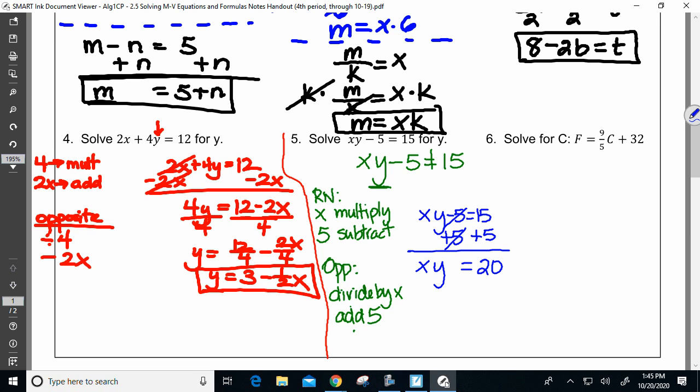So we have xy equals 20. So we added the 5. And now we just have to divide by x. So the x's drop out. So y equals 20 over x. That's it. Problem's over.